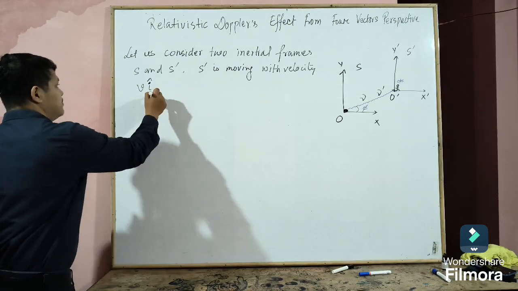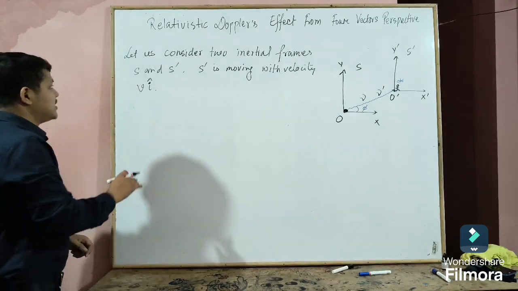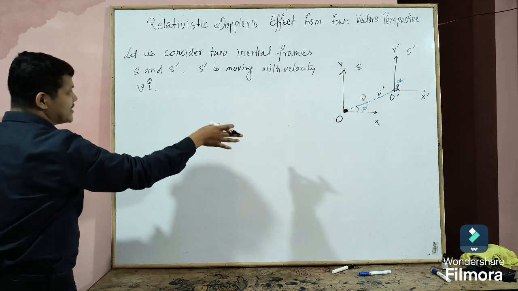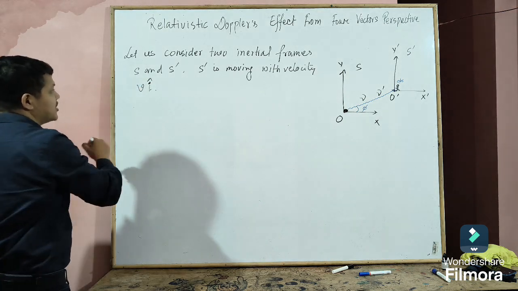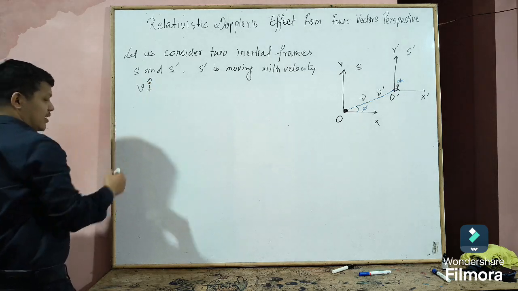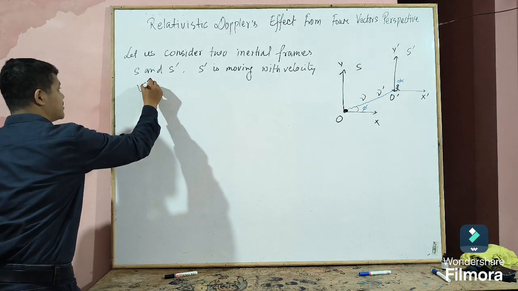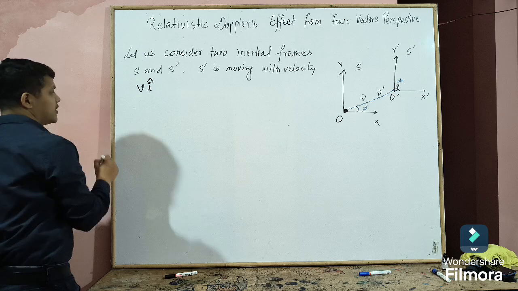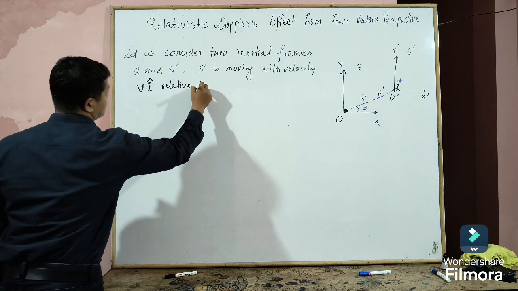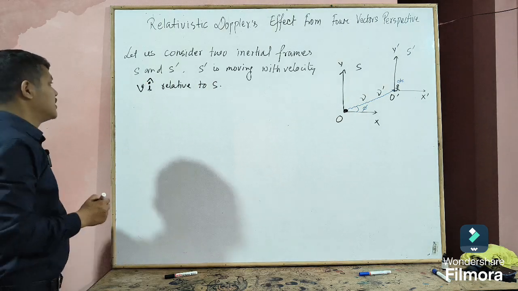V i cap means that it is moving along the positive x-axis. Instead of writing that it is moving with velocity v along x-axis, to make it shorter I have written i cap, so that you can understand that it is moving along the x-axis, relative to S.